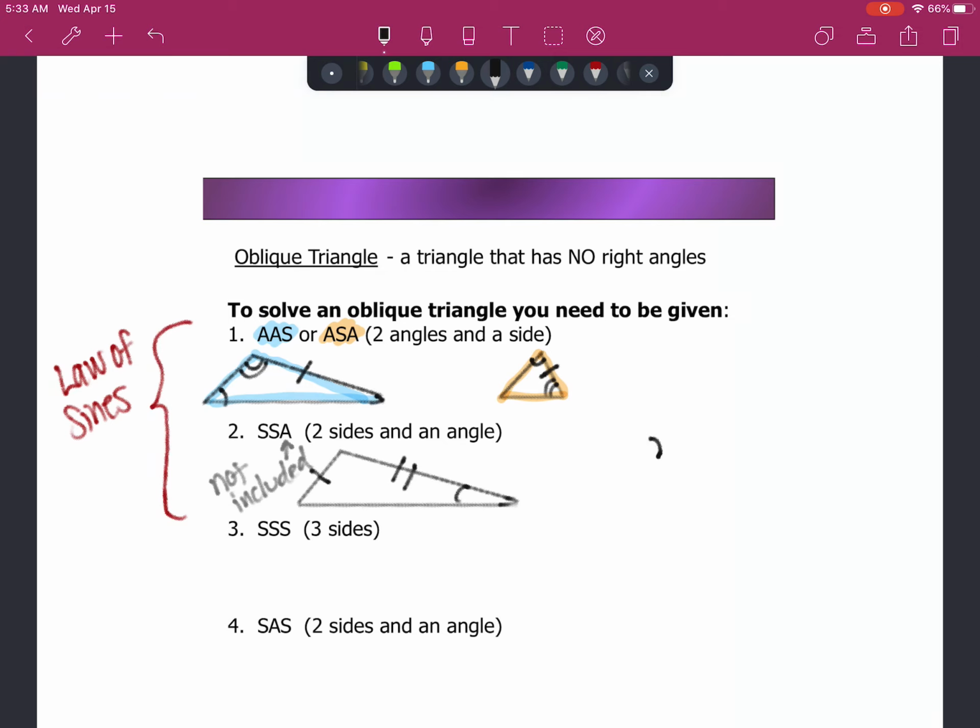If you are given 3 side lengths, so you've got an oblique triangle and they give you all 3 side lengths, you could also solve for the unknown angles using what we call law of cosines.